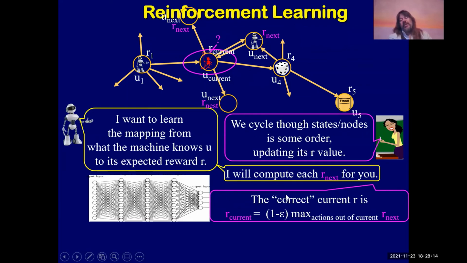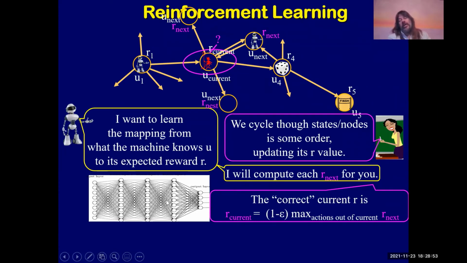Well, given we know the values of these nodes, the correct value at this node is according to this equation. So we can take the R values of our neighbors to compute what our new R value should be. Before, when we were updating them one at a time, we were taking the current values of these R values and updating this value using this equation.